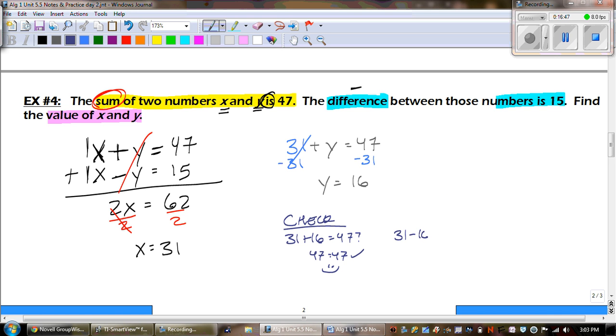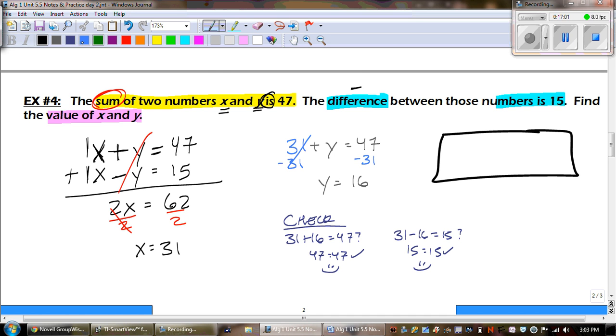Does 31 minus 16, does that give us 15? Well, 31 minus 16 is 15. Yay! Okay, so our final answer, the two numbers are x equals 31 and y equals 16.